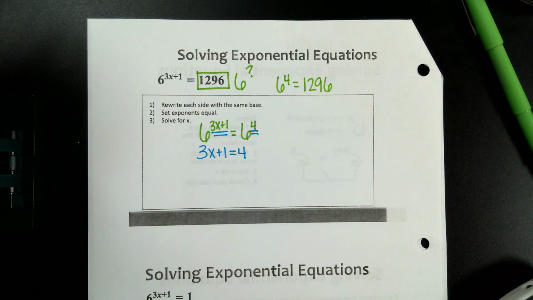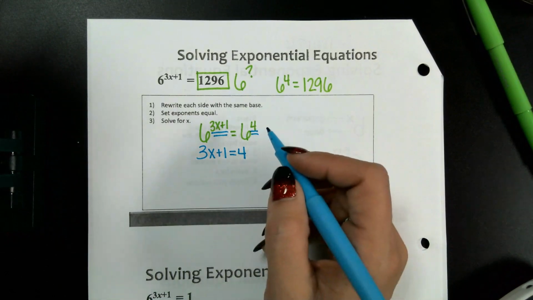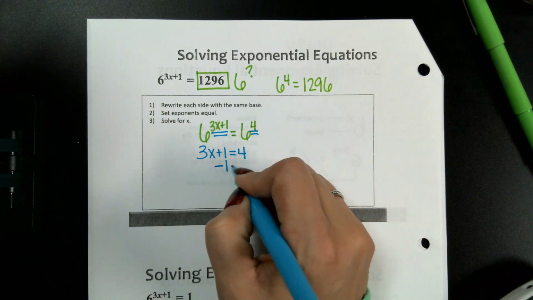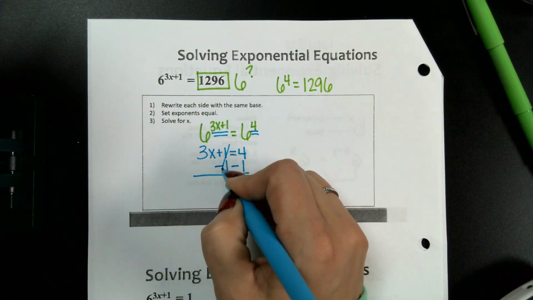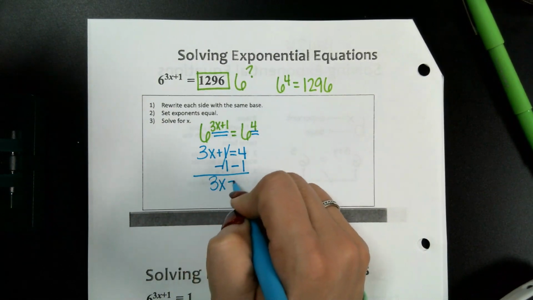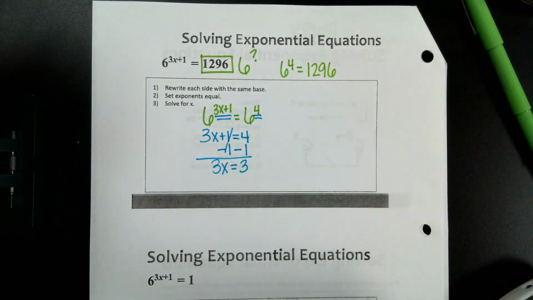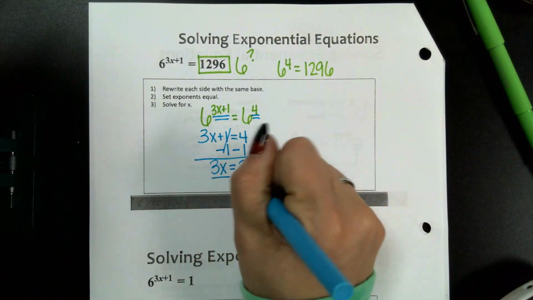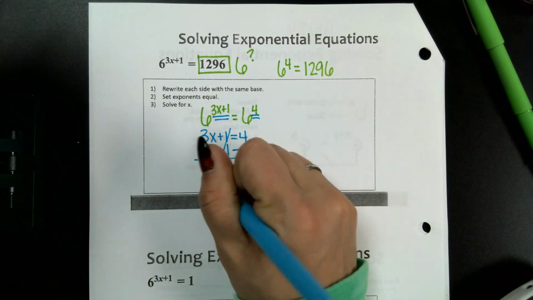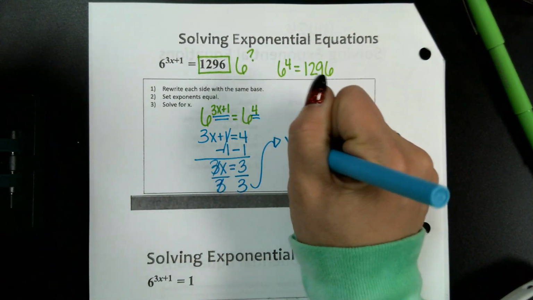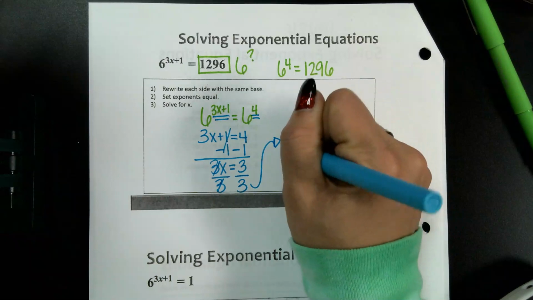Okay, so then how would I solve this? Yep, we subtract 1. 4 minus 1 is 3. And then we're going to divide by 3. So we get an answer of x equals 1.